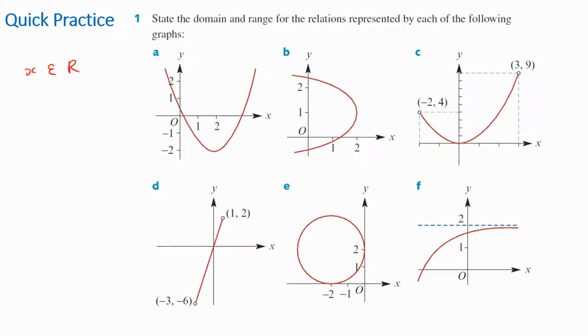Because if I want x to be 1, when x equals 1, I have a coordinate. This is 1 something. I don't know what, but I know the x coordinate has a 1. If I want a 2, 2 has a coordinate on the graph. It's 2 something. I don't know what the y is, but I do know that it has an x coordinate of 2.